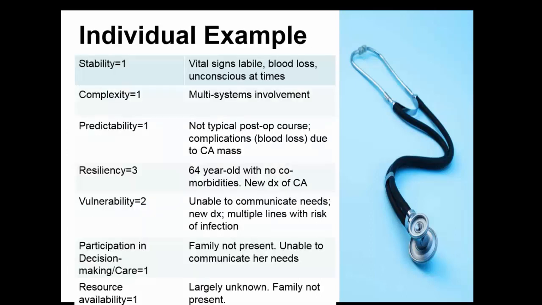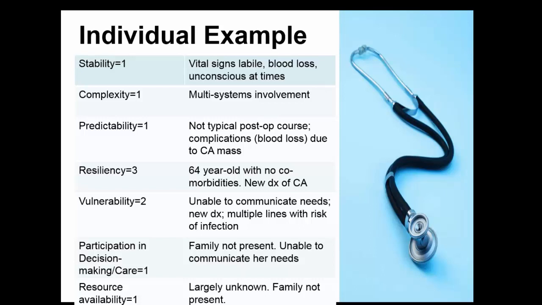And this is just a hypothetical example that I put together, and I'm not an adult nurse, so I don't know if this is feasible or not. This is a little case of a 64-year-old female who is in outpatient clinic for an exploratory laparoscopic procedure because of stomach pain and weight loss.